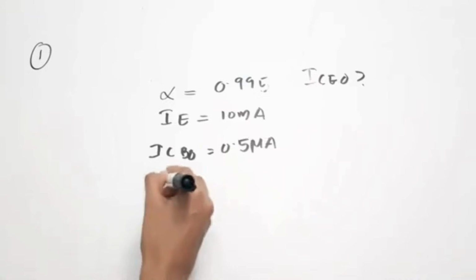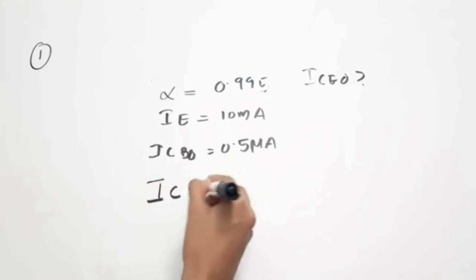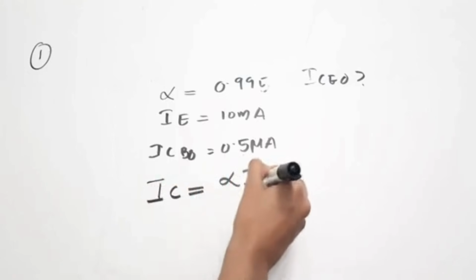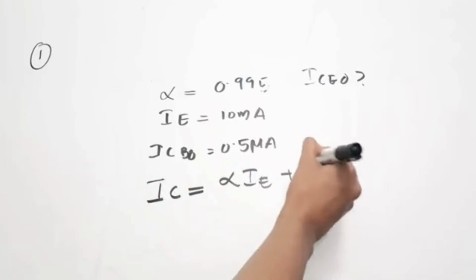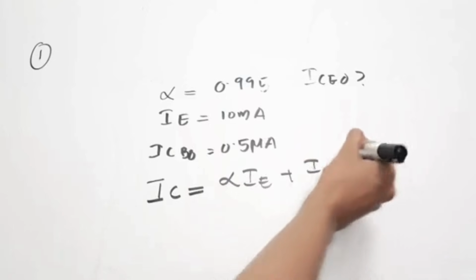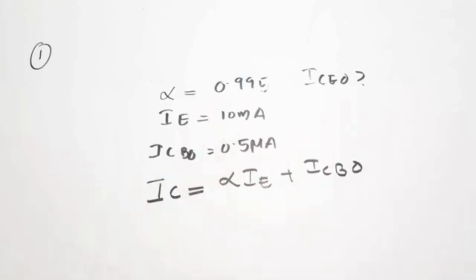So the collector current IC equals alpha IE plus ICBO. We have done a detailed video on the equations of BJT and also the numericals in the analog electronics playlist. You can use that video as a reference for these types of questions. So IC equals alpha times IE, the emitter current, plus the collector to base leakage current.